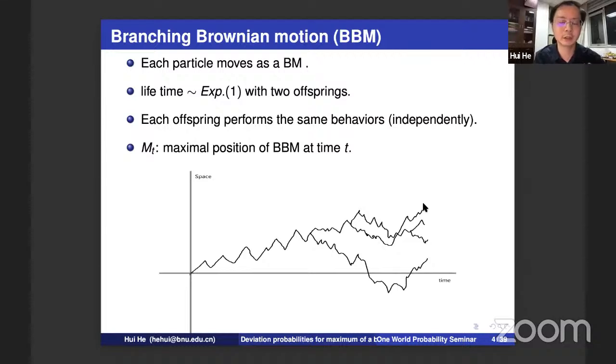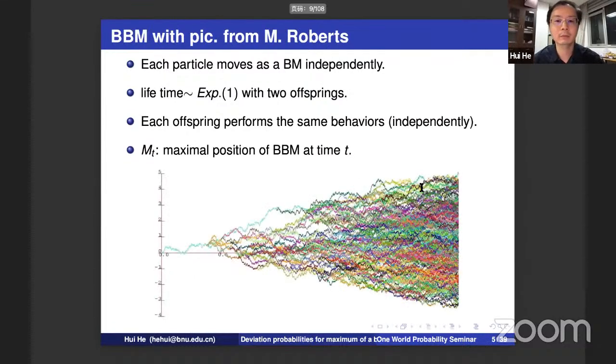As I said, the picture is ugly, so I stole the one from Mathieu Roberts. It's not mine. Okay, and then there's 1 particle starting from here. It moves as a Brownian motion. Please notice that in this picture, when the particle dies out, there are more than 2 children.